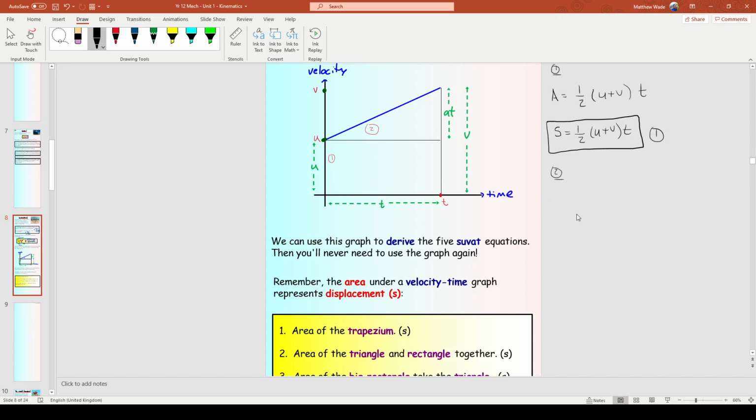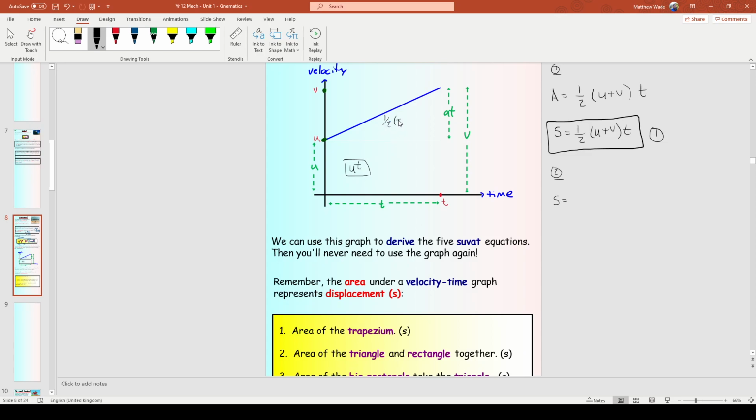Well, first things first, I'm going to be finding an area, so straight away I'm going to call that S, because the area underneath the curve is going to be S. Definitely, because it's displacement. It's under a velocity-time graph. Well, what's the area of this bottom rectangle? Well, it's length times width, UT. Cool. What have we got here in this top one? Well, it's a triangle, so it is going to be a half.